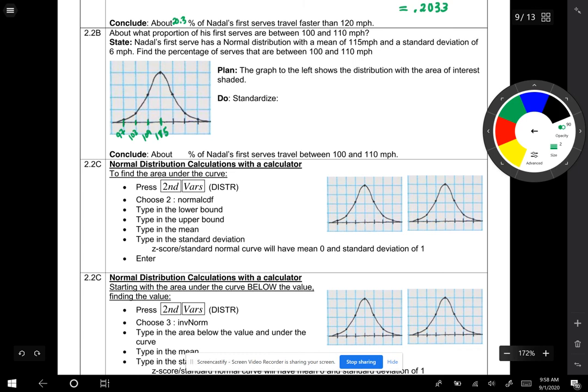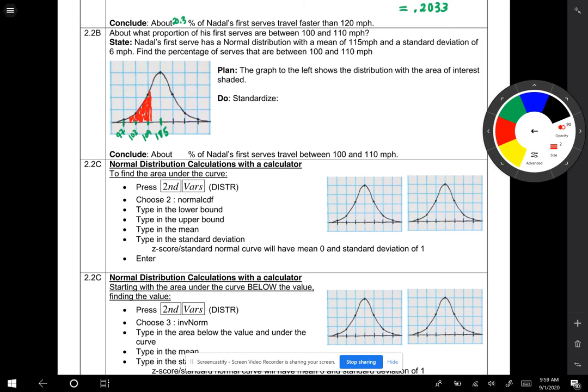Okay, and let's sketch between 100 and 110. So here is 100 right in the middle, and 110 right there, more or less. So we want this information. This is where we're going to have to subtract. We'll find the z-score for 110, find the z-score for 100, subtract, and so on.